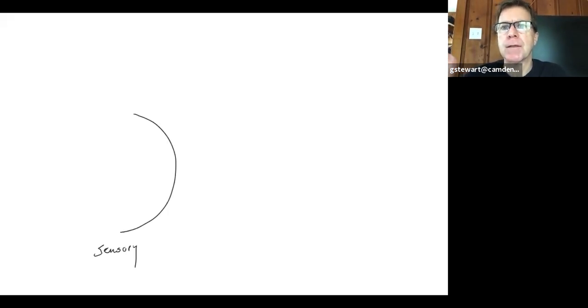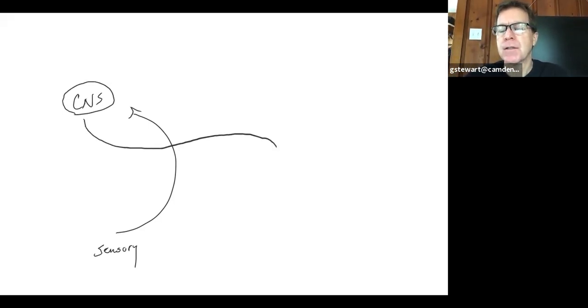So I pull up a whiteboard here, and this is a quick review. You know that sensory information comes into the nervous system. I'm just reiterating this. It goes to the central nervous system, the brain and spinal cord. That's the sensory afferent pathway in the peripheral nervous system. Brain and spinal cord do the processing and send out a command via the motor efferent system.